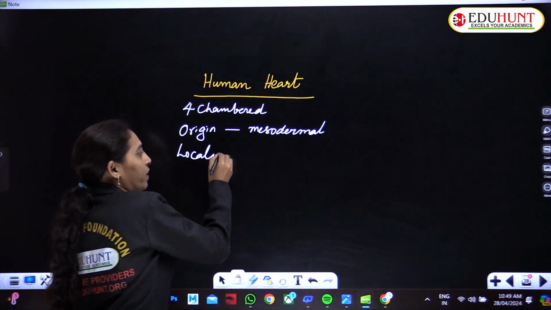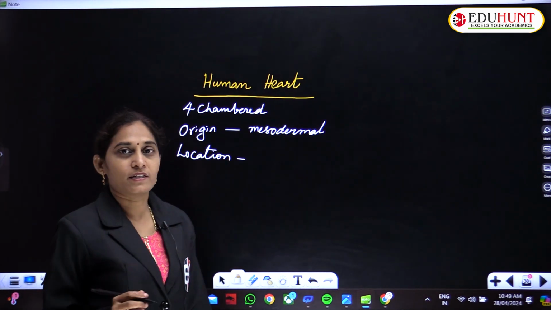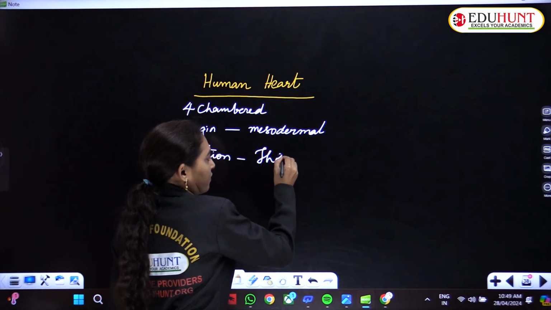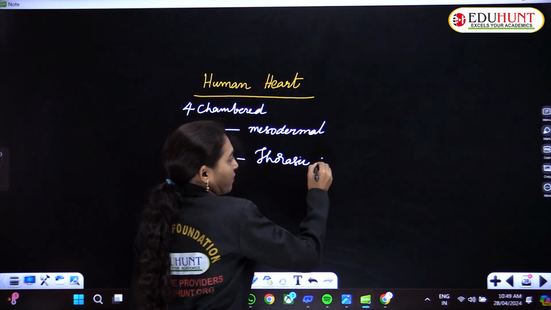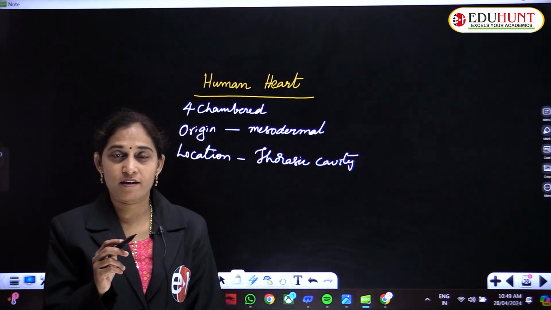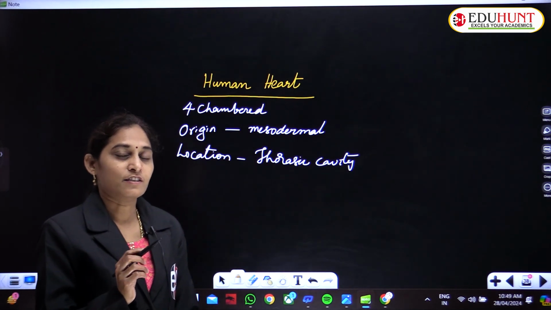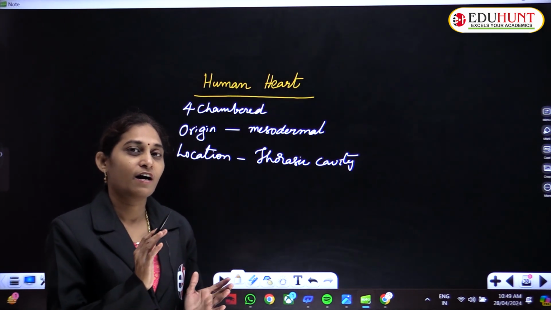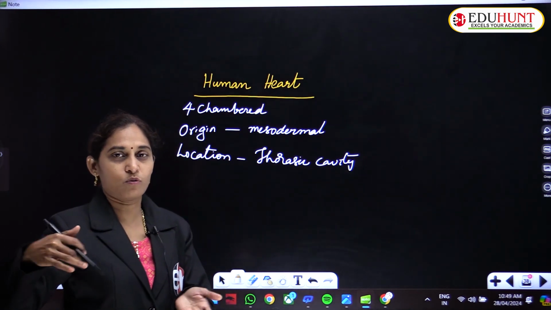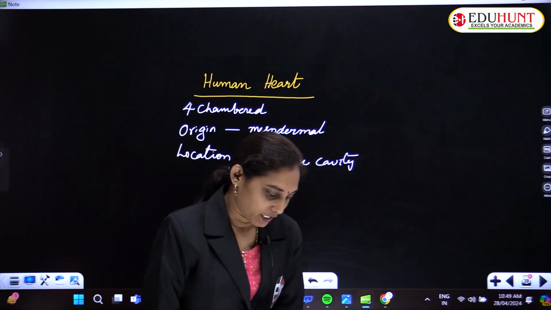If we see the location of the heart, it is located in the thoracic cavity between the lungs, and slightly tilted towards right and towards left, we can say. How is it tilted?